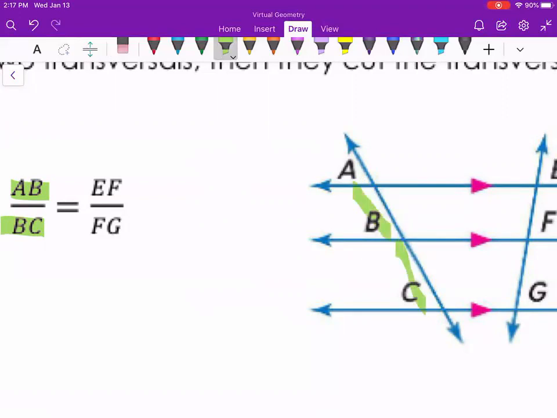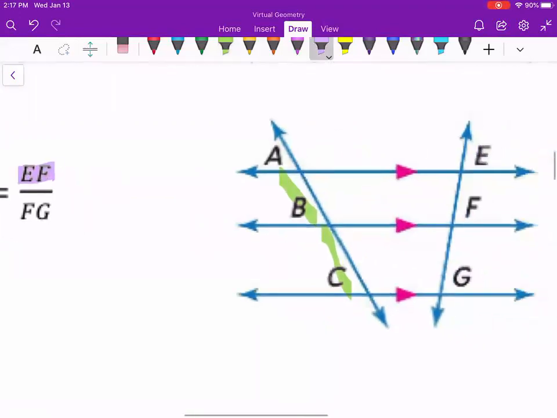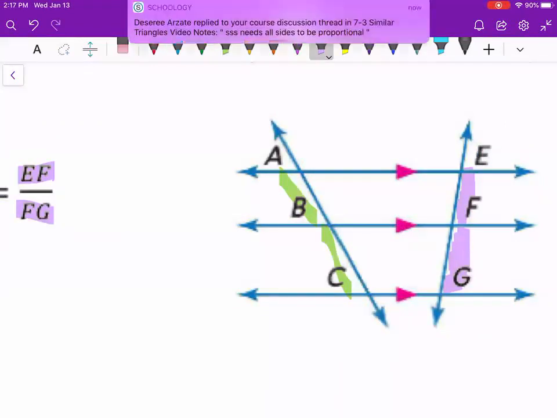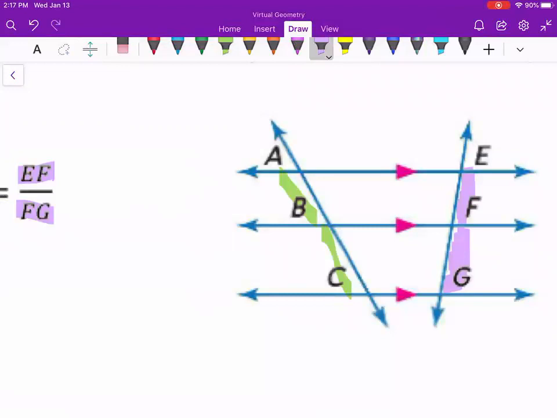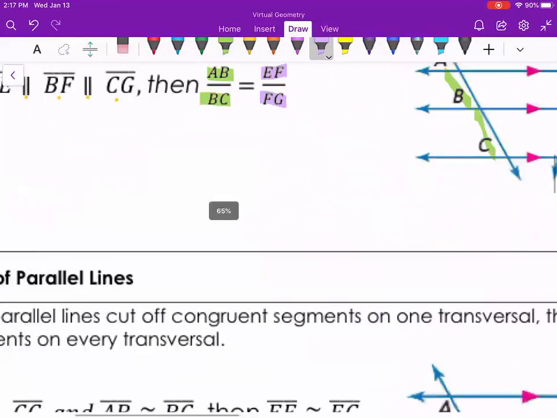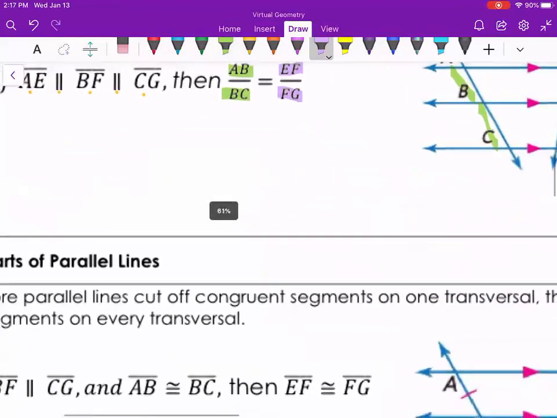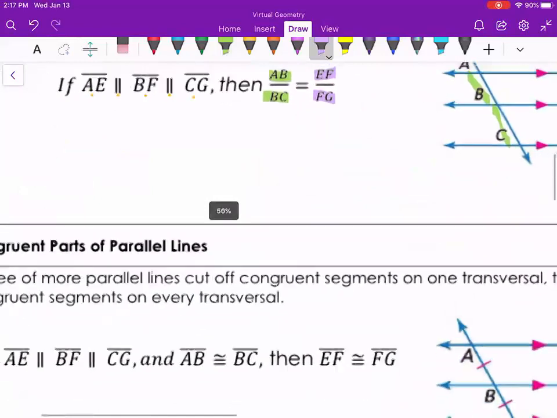Okay, so that's going to make up one of your ratios, is proportional to EF to FG. So the two parts that make up the left are proportional to the two parts that make up the right. So again, we'll look at some examples of these in just a second on how we can write these proportions.